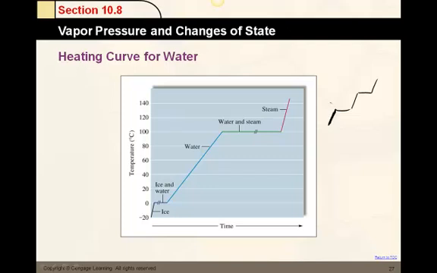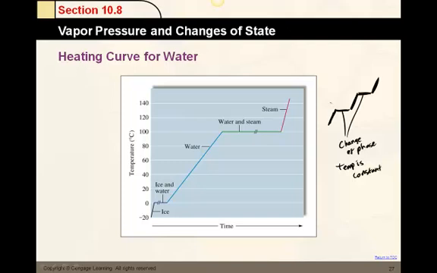3 of the segments are slanted. 2 of the segments are plateau or flat. During the flat segments, we have a change of phase. And the thing to remember is the temperature is constant.